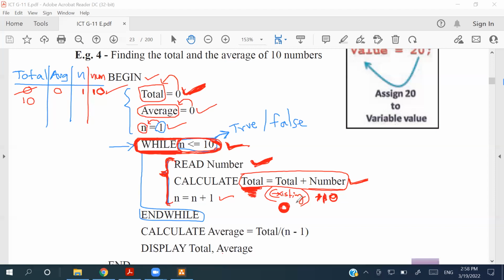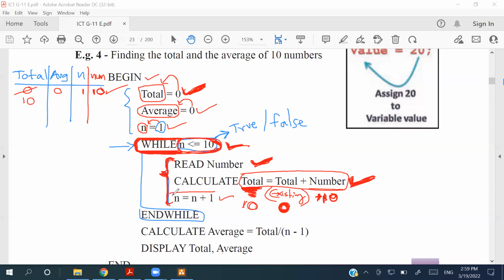So 0 plus 10 is going to be 10. Then it will be assigned again to this particular total, the same total variable. So the number will become 10 once it executes this statement. So total equals 10 now.